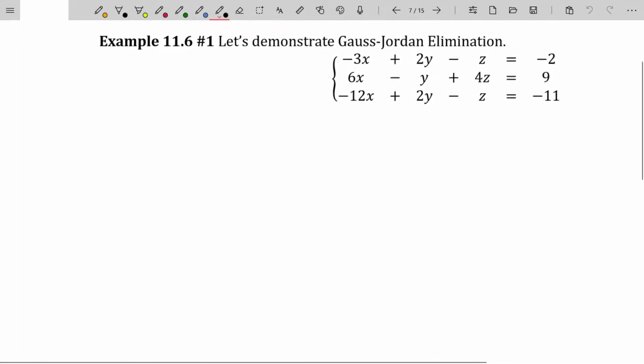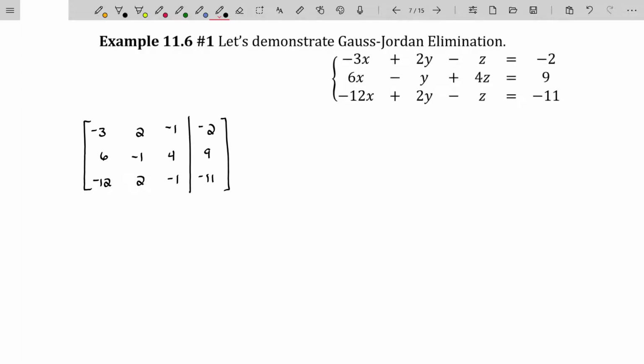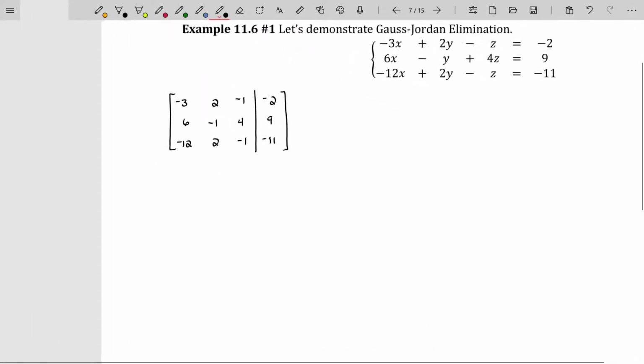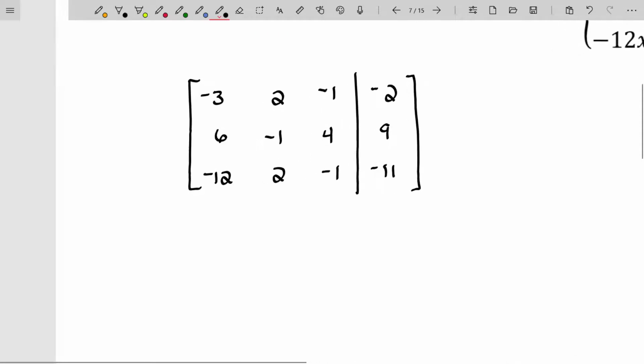Okay, so let's demonstrate Gauss-Jordan elimination on this system that we had written down earlier. Just to let you know, when you start the Gauss-Jordan elimination or Gaussian elimination, whichever you prefer, and I'll tell you the difference between the two when that difference is necessary, you're going to need a large piece of paper because you're going to do a lot of rewriting.